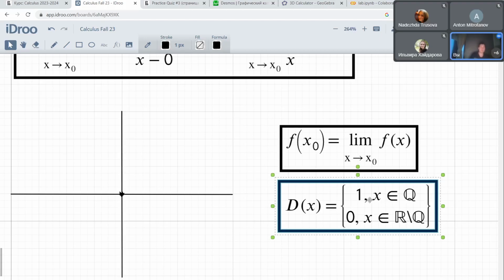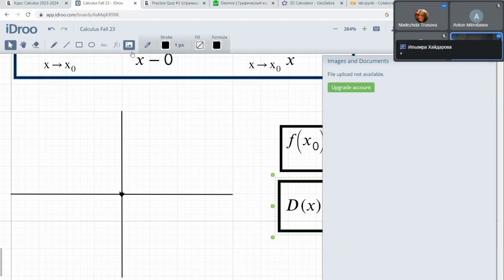If your x is rational, then in any neighborhood of your x, you can find an irrational x, and the value at that point will be 0. So you will have a difference of size 1 between two points in a really close neighborhood. So this function is everywhere discontinuous, as you can imagine. This part is okay. So this function is always discontinuous. Okay? Well, nice.